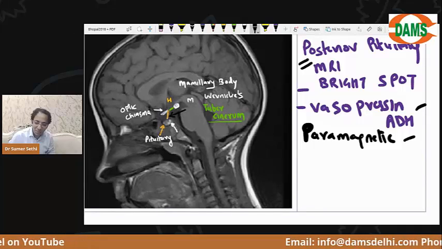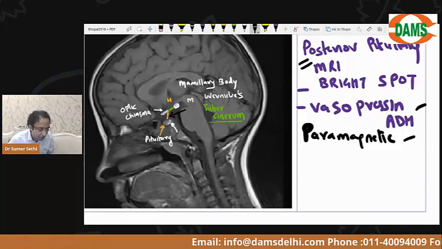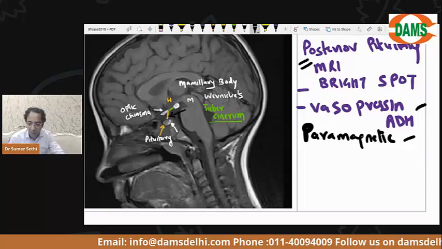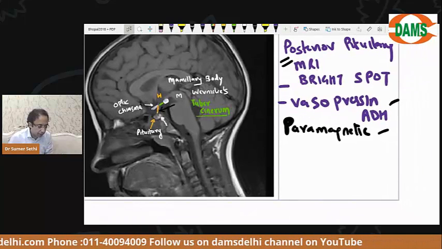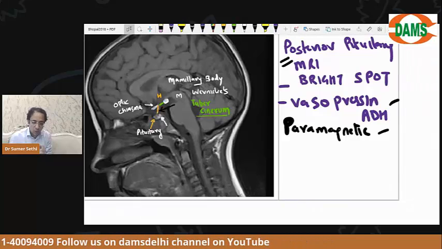So posterior pituitary on MRI appears as a bright spot due to the presence of vasopressin, which has paramagnetic behavior. Now, can you guess an answer?